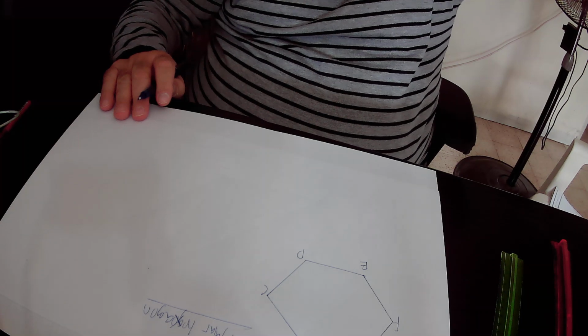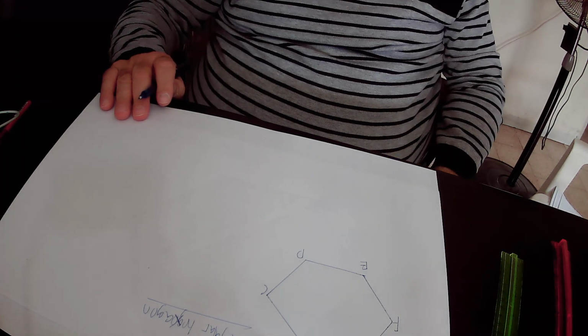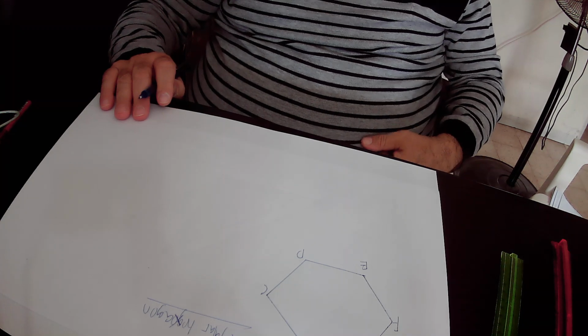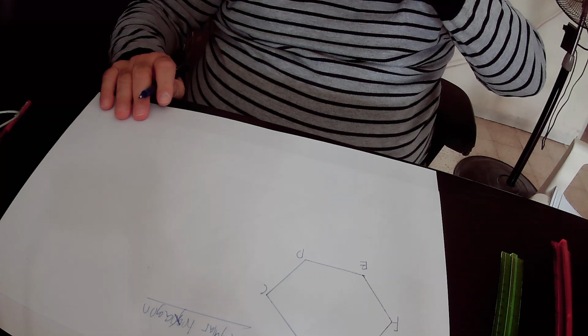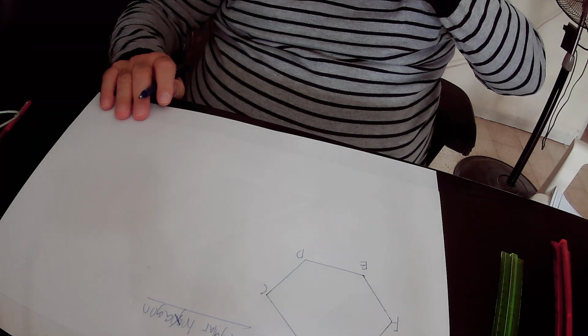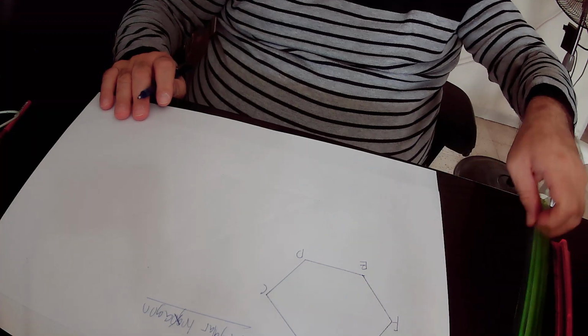Okay. In order to find out the sum of this regular hexagon's angles, we will join points B and E together by a straight line.